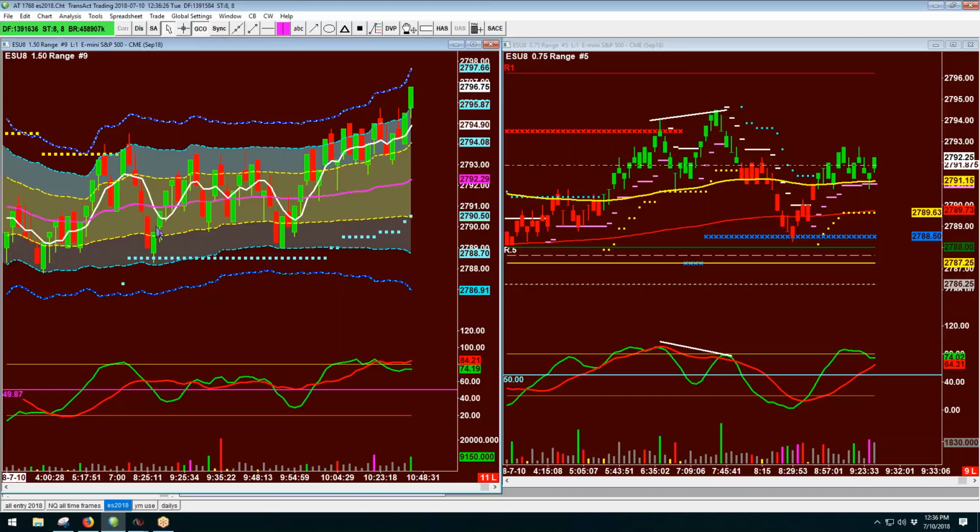And generally, if price is going sideways without a real strong trend, it will generally go from fair value high to fair value low, fair value high, fair value low.